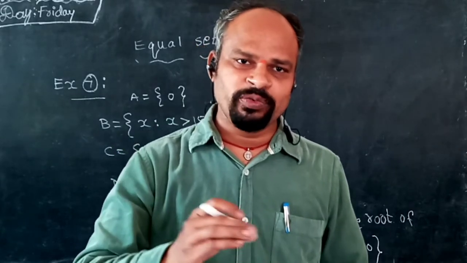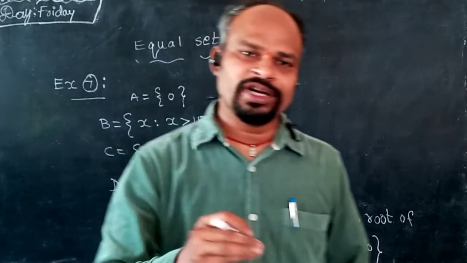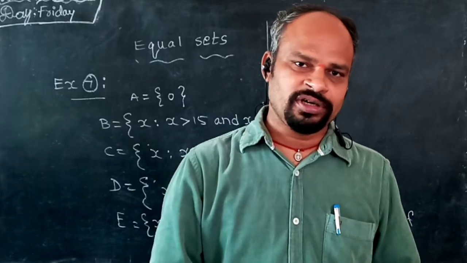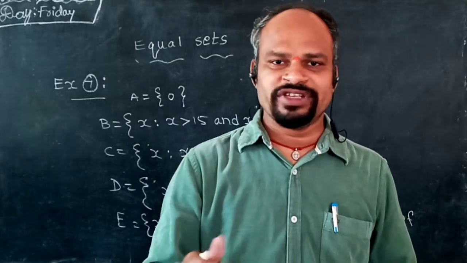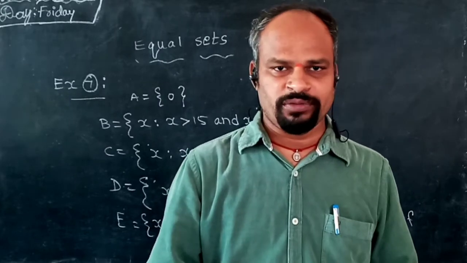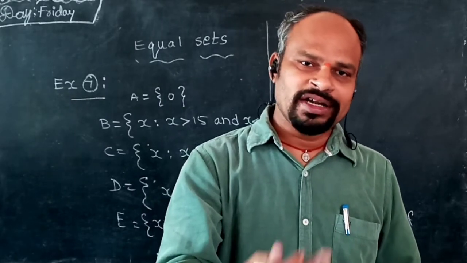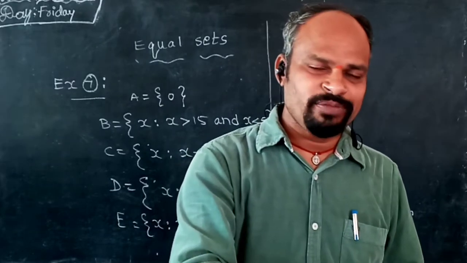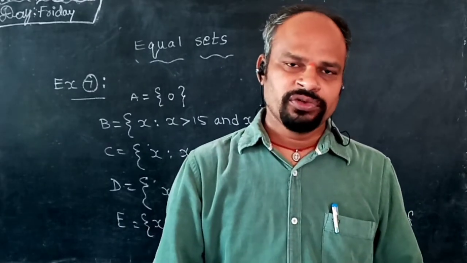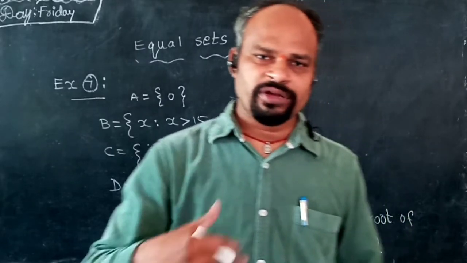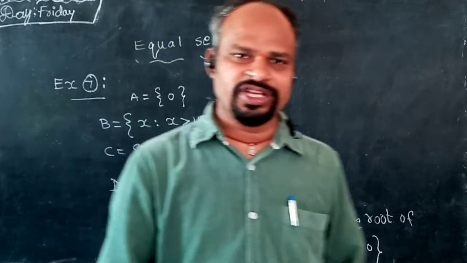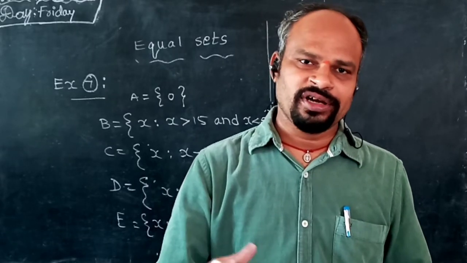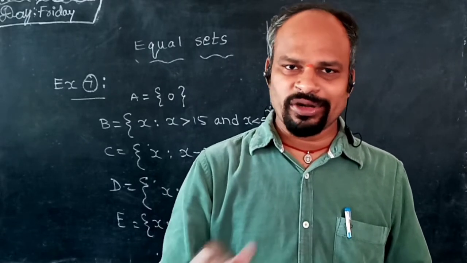In the starting you will feel a little difficulty understanding set builder form, but throughout this chapter, every problem they give in set builder form or roster form. So when you convert from set builder form to roster form, slowly you will understand each and every problem, so that finally you will get a conclusion.